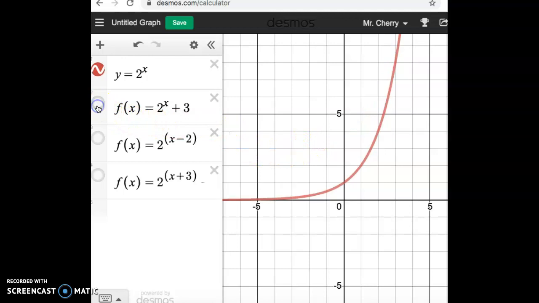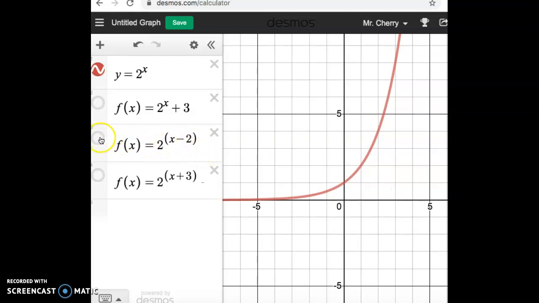Now, if we look at our next example here, this equation f of x equals 2 to the power of x minus 2, this is a change in our n value. So again, remember from our previous example, changing n is going to cause the curve to move to the right or to the left. And because this is saying x minus 2, I know that this red curve is going to shift 2 places to the right.